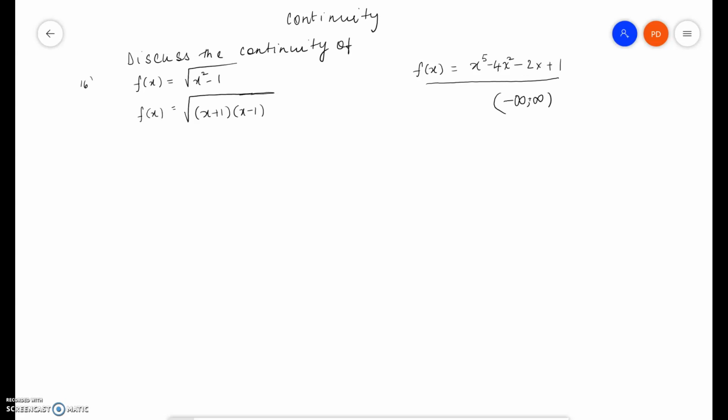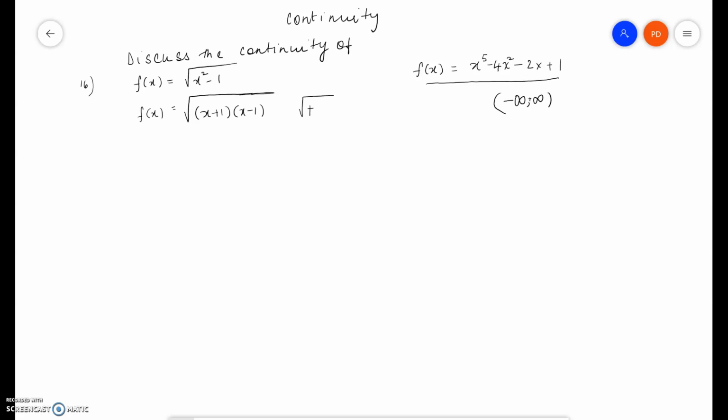Now let's look at this function. f of x equals the square root of x squared minus 1. First, let's check where this function is defined. Notice that we have a radical sign and we need to make sure that the quantity under the radical sign is non-negative.